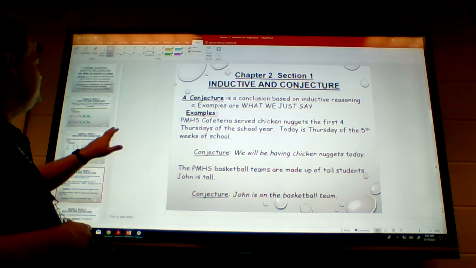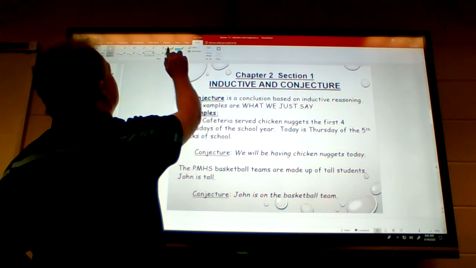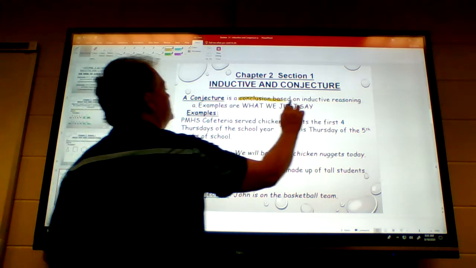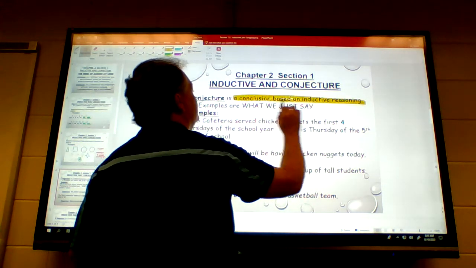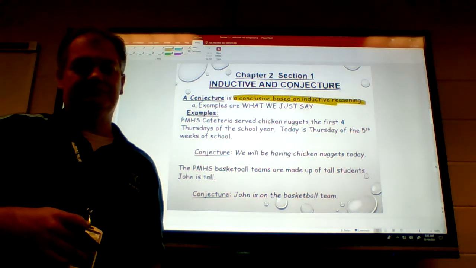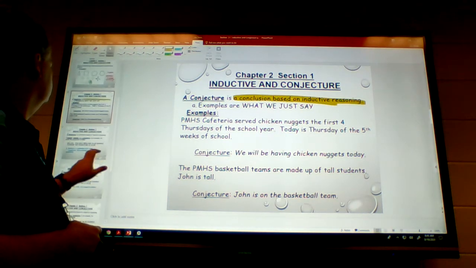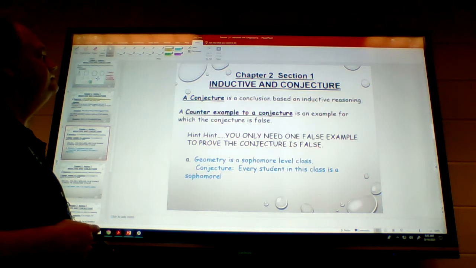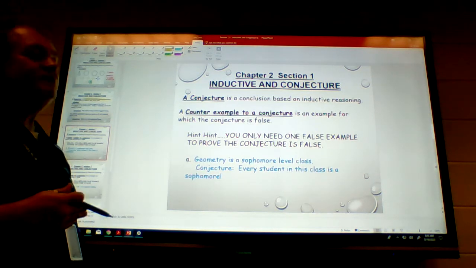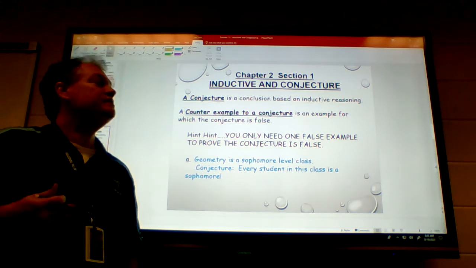Anyway, that's that. So a conjecture, and I'm going to highlight this for you, is a conclusion based off of inductive reasoning. Now, just a moment ago, we stated that not all conjectures are going to be true.